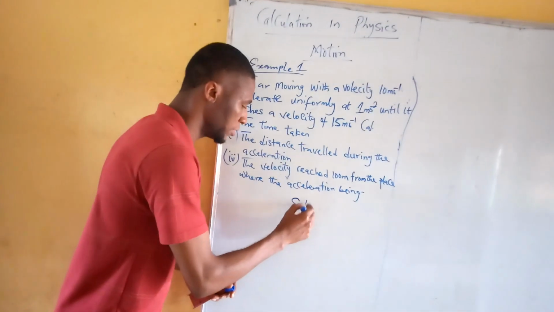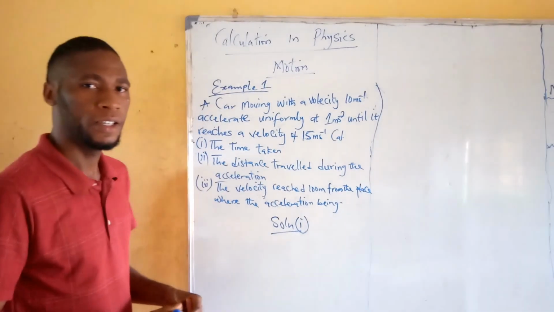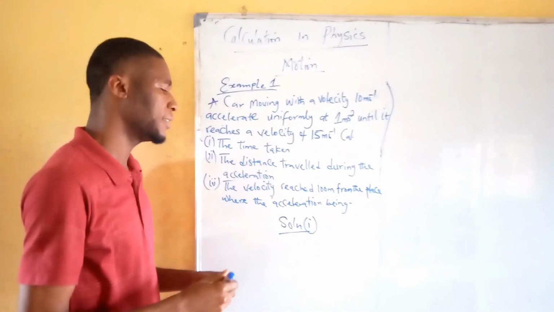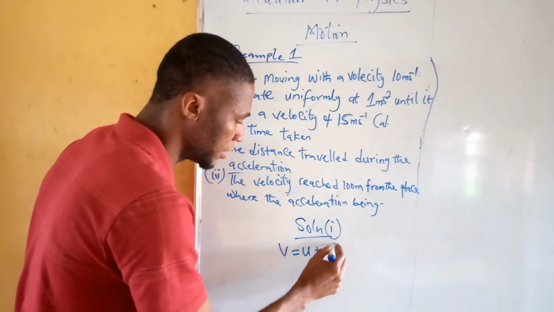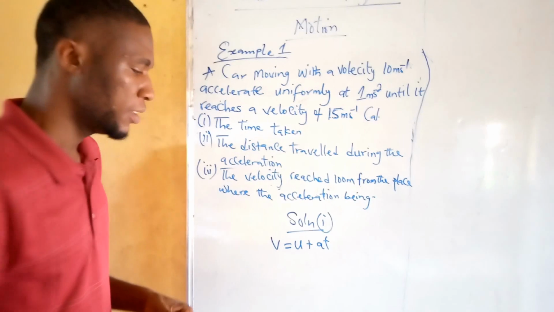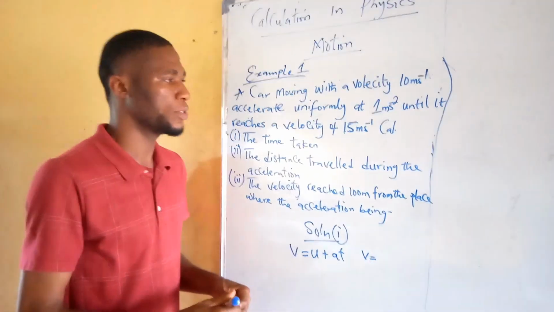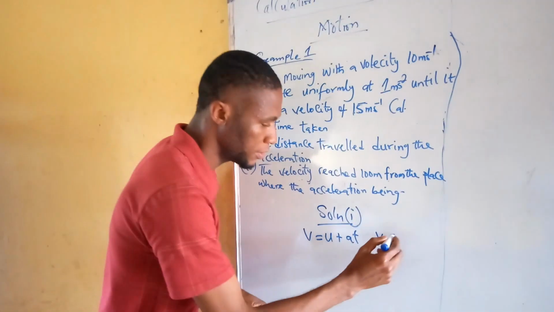Then solution I. The question said that we should calculate the time taken. So in calculating the time taken, v is equal to u plus at. Now we have it that v, the final velocity, is equal to 15 meters per second.